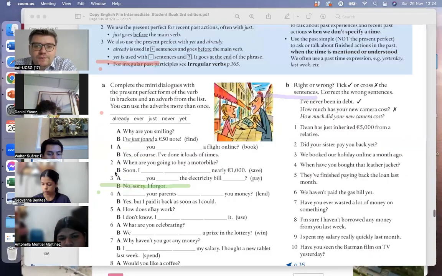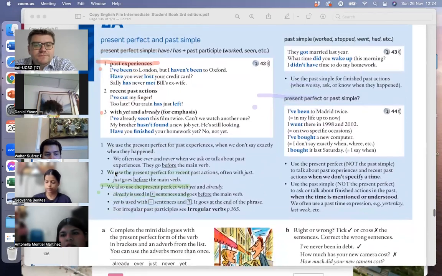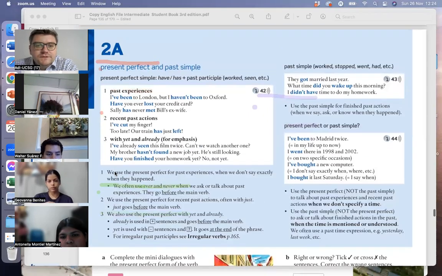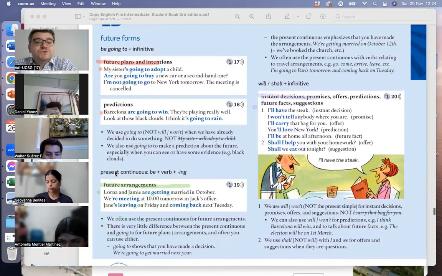But if you recall, there was one rule that was talking about future arrangements. So if we have arranged something to be done, instead of using will, we can use present continuous, which is formed by be plus the verb finishing with ing.